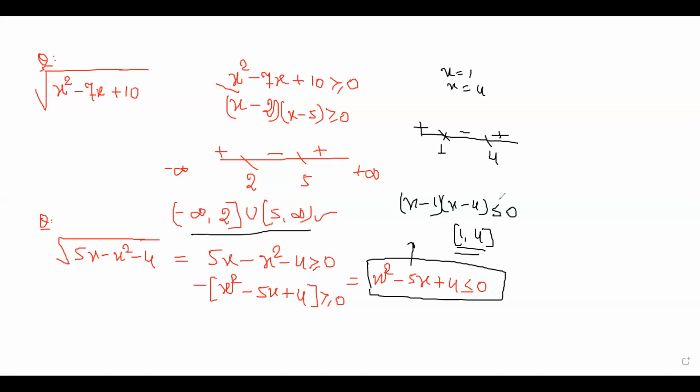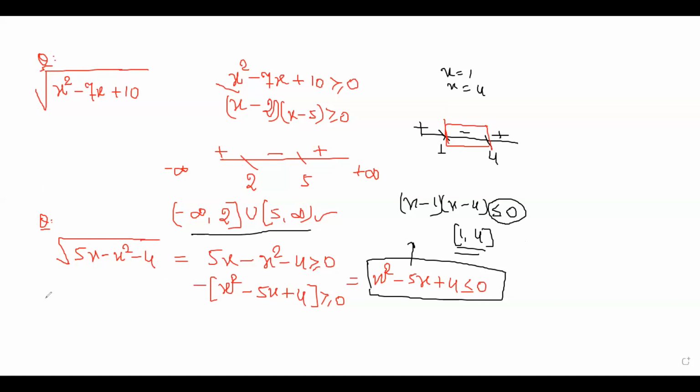What do you have to take, positive or negative? Tell me, Sophia. Negative. So the negative part lies only in this part, from 1 to 4. Got it? Yes, sir. Okay.